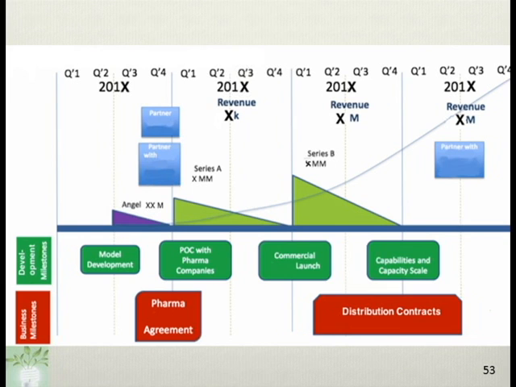It's important to make a figure that illustrates your timeline for fundraising and how your raises correlate with your business and development milestones and revenues, if any, as well as partnering events. So here's a figure, an example of a long-term strategic plan on how the SBIR and STTR money is going to be leveraged, as well as other funding sources that get the product to market.